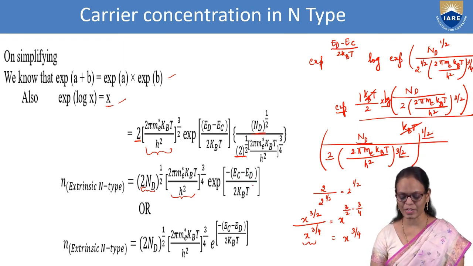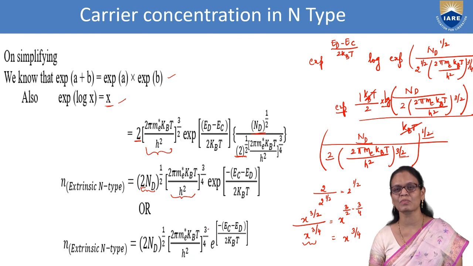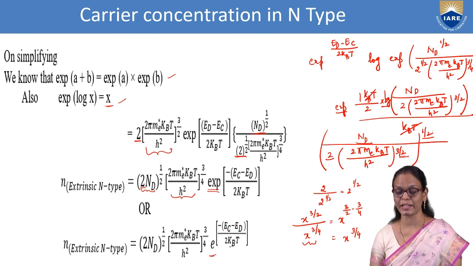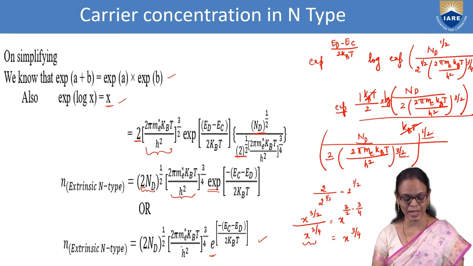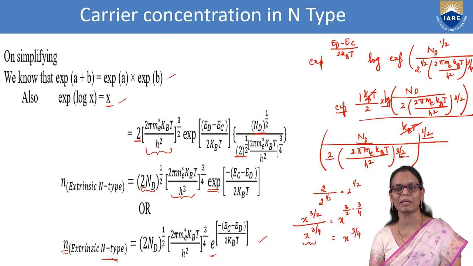So the same expression we are writing as 2 Nd power half (2π me kBT/h²) power 3/4 into e power minus of (EC − ED)/2kBT. So this gives us the concentration of electrons in an N-type extrinsic semiconductor.